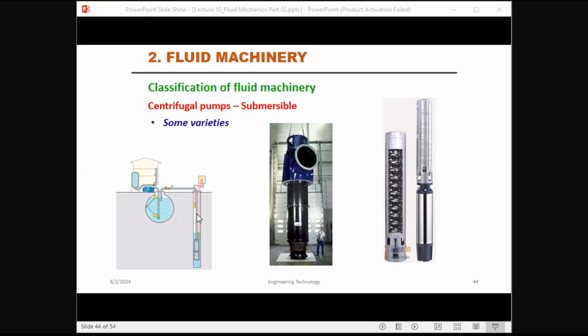Other centrifugal pumps are installed above ground.